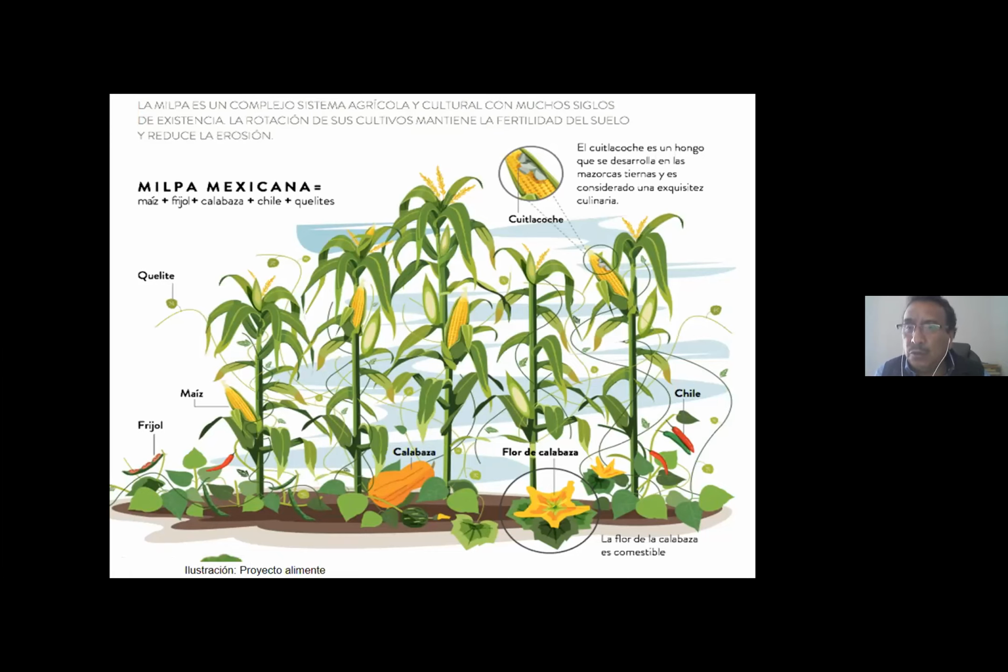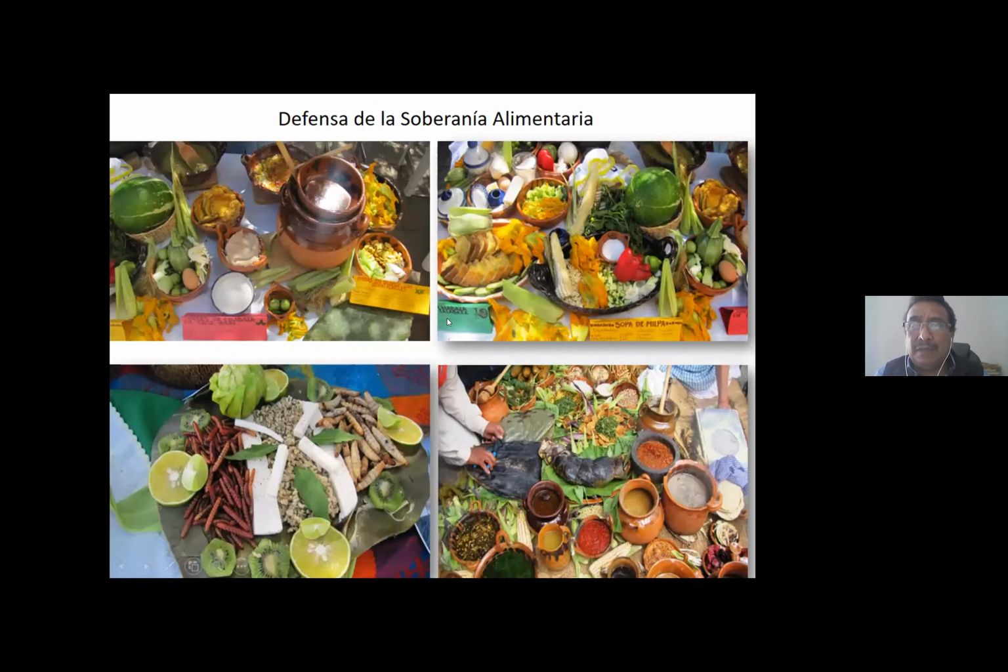They call them the 3 sisters or the 4 sisters who live together. They help us by providing nutrients and feeding the soil. And this is our technique that we continue to use because it is so beneficial for us.